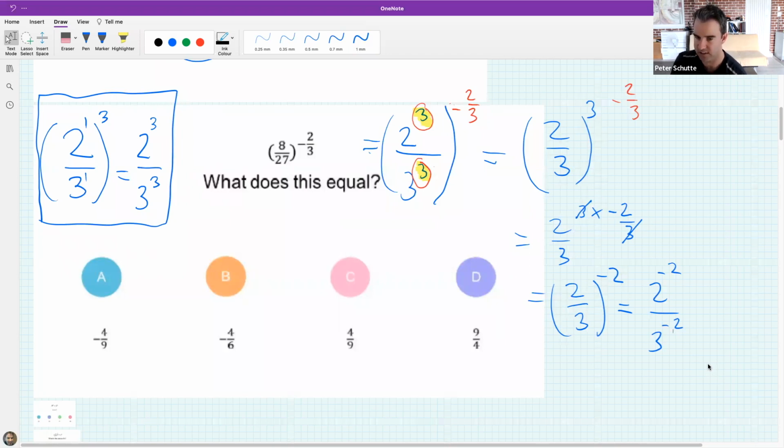I haven't got the answer yet, but I want you to try and choose the correct answer now using the working out I've done so far. What do you think the correct answer is from A, B, C, or D? Then I'll finish the answer in a second. So you've got 2 to the power of -2 over 3 to the power of -2. This is a proper question here, so I'm really pushing you to the limit.